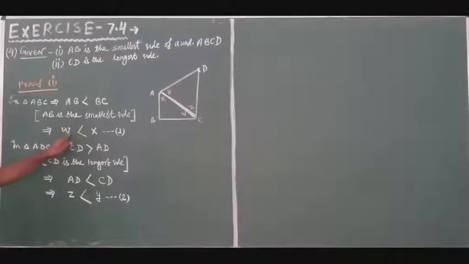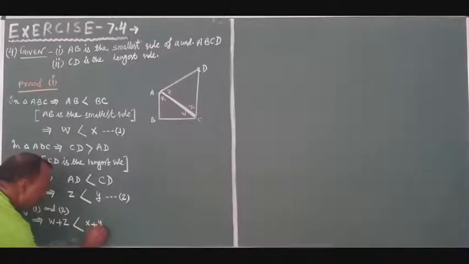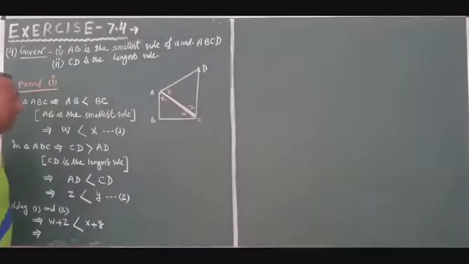Here, W is less than X and Z is less than Y. Now adding the first and second, what will happen? Look at the left hand side: W plus Z is less than X plus Y. Now tell me, W plus Z is which angle?